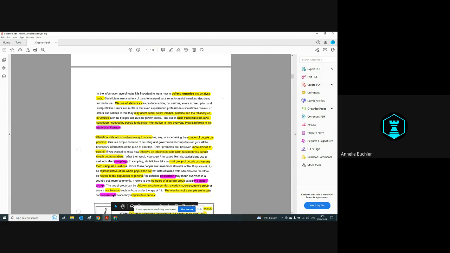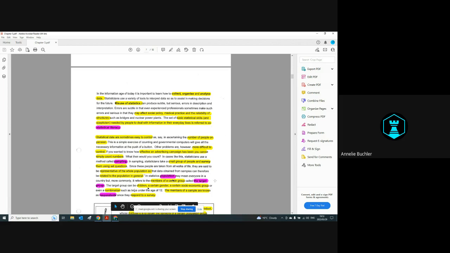That will be your target group. So that will be your population and your target group might be more specific. They must have children. They must be from a specific gender, socio-economical group, or combination. You have your population, and then you can define it smaller into the target group.